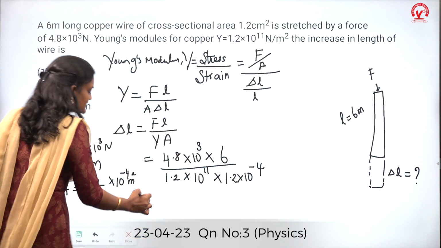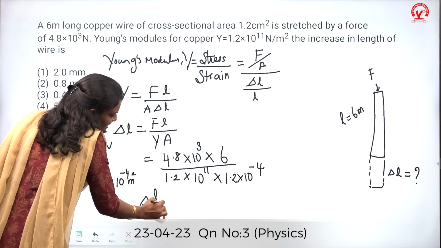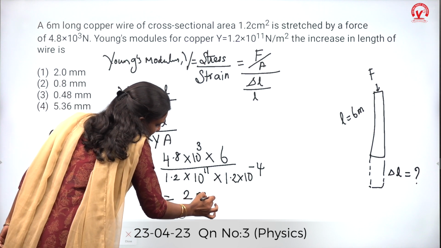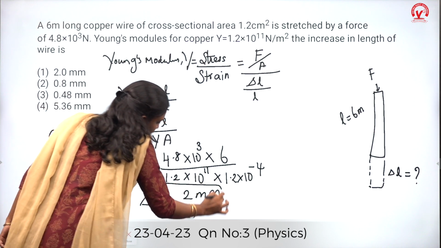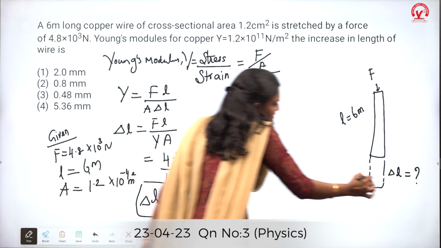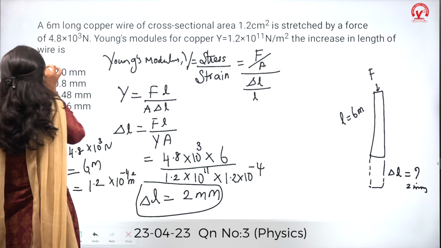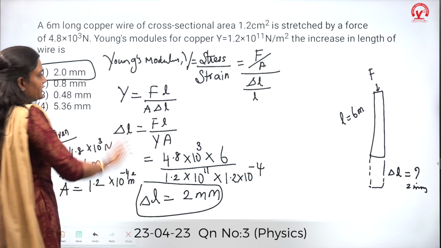On substituting these values, you will get the change in length as 2 millimeter. So this change in length is 2 millimeter. The option is number 1, 2 millimeter.